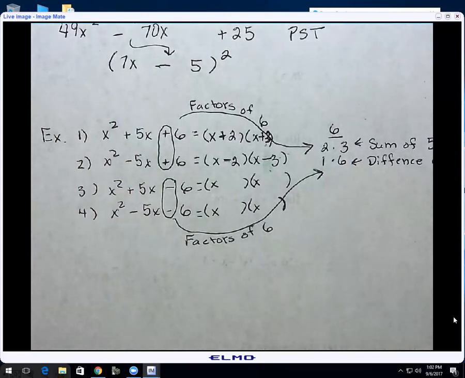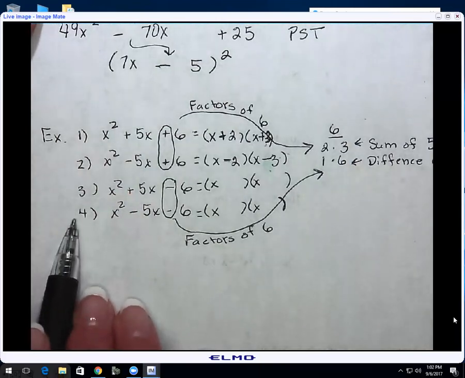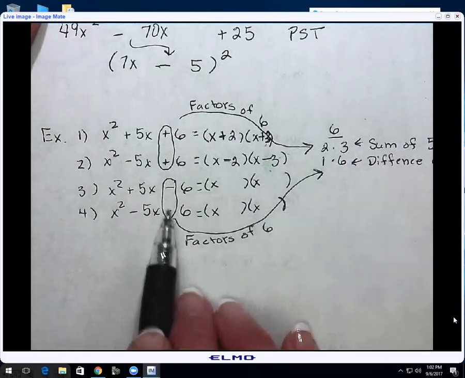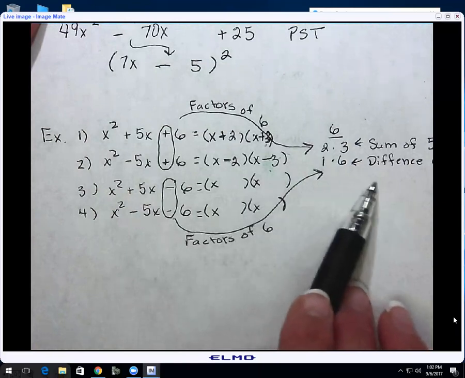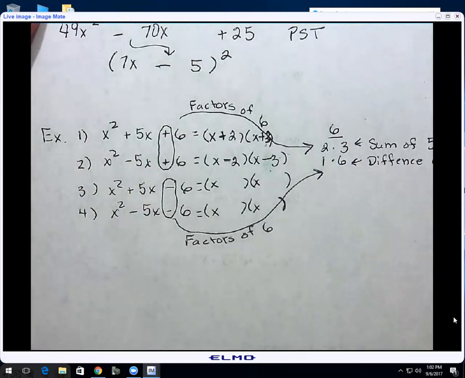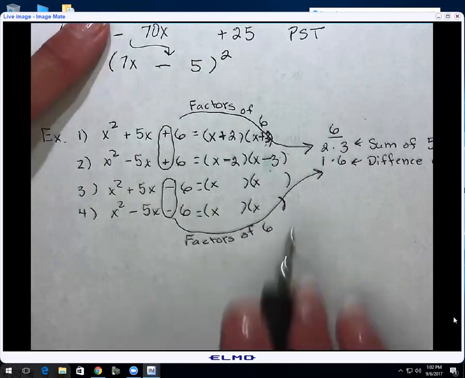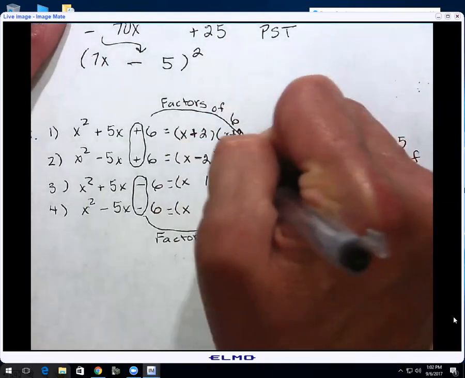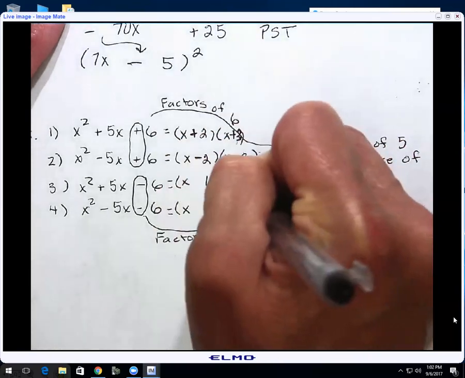On examples 3 and 4, I'm saying something different to myself. I'm not saying I need factors of 6 that have a sum of 5, because these last 2 signs are negative. I'm saying I need factors of 6 that have a difference of 5. And that's why for both of those, the numbers I put in parentheses are the 1 and the 6.